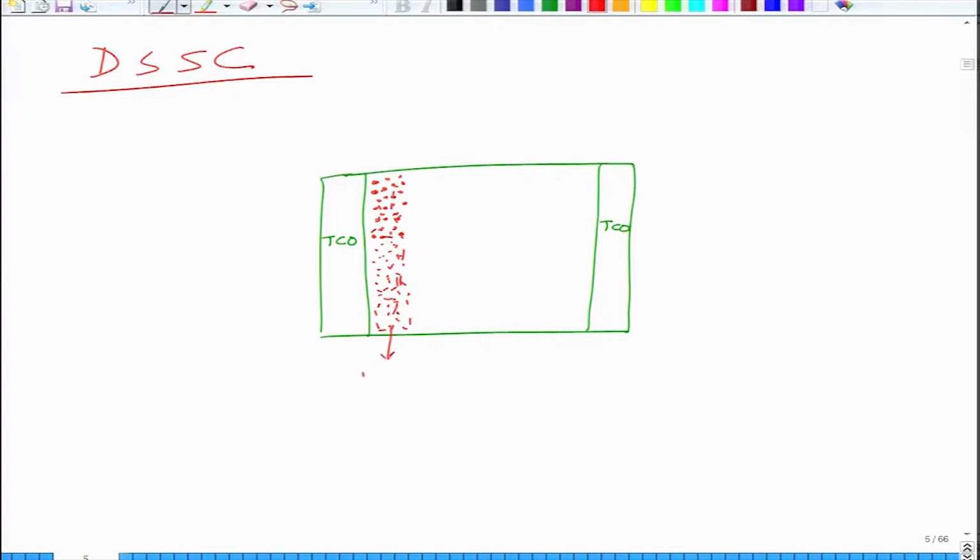This is nano TiO2 plus dye, and this is in contact with what we call the electrolyte, and here it is possible to have a thin layer of platinum.